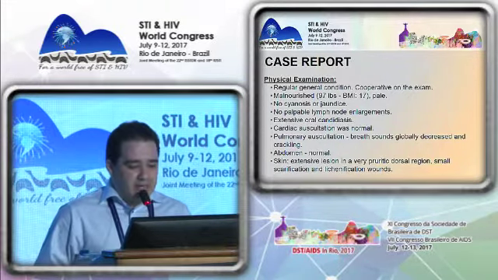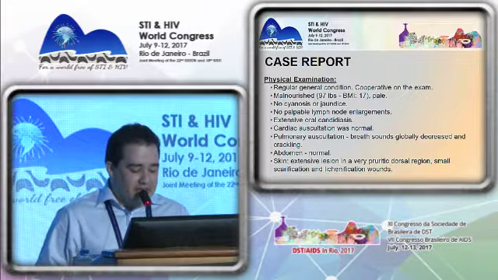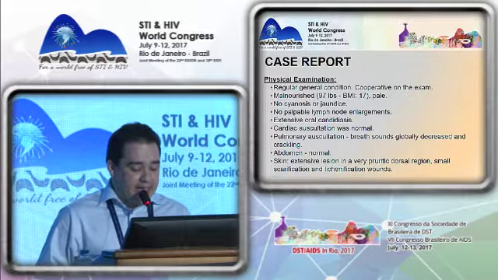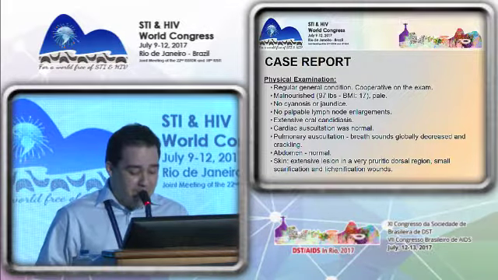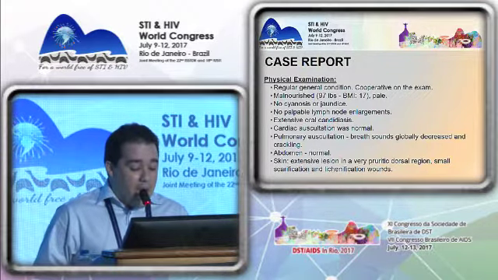At physical examination, the patient was in regular general condition, cooperative on the exam. He was malnourished, 97 pounds, BMI 17. He was pale and there was no cyanosis or jaundice. No palpable lymph node enlargements, extensive oral candidiasis, cardiac auscultation was normal.